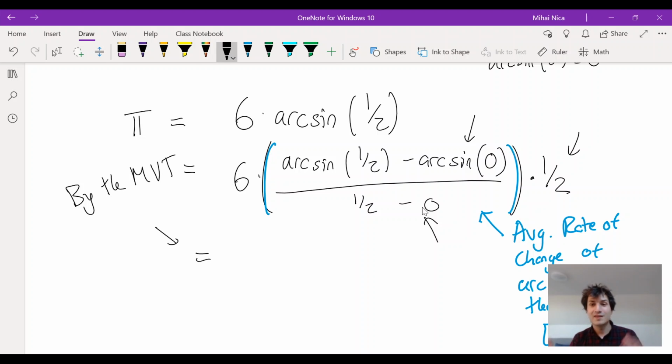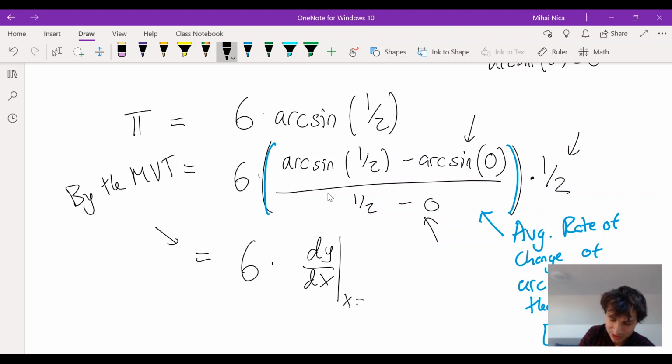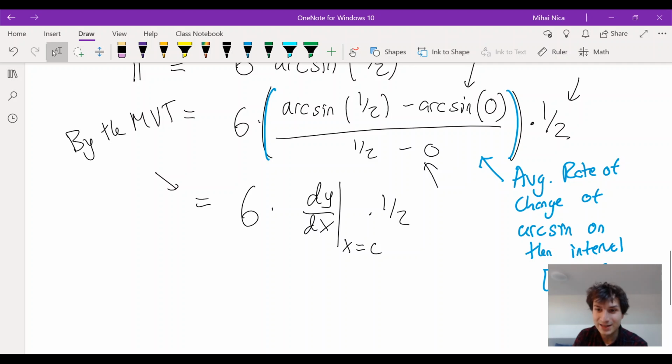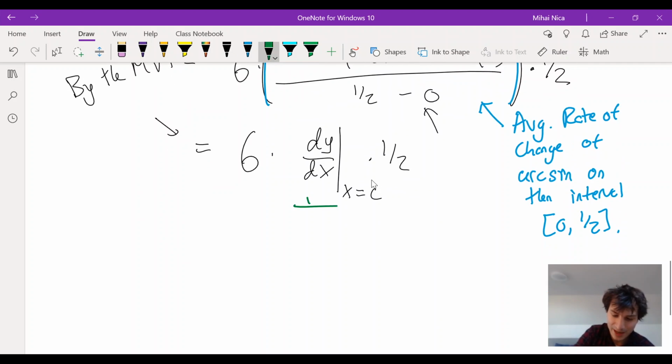So by the mean value theorem, what is it equal to? The mean value theorem says you can replace an average rate of change by an instantaneous rate of change. So this is equal to 6 times dy dx evaluated at x equals c times 1/2. The thing in brackets, the average rate of change, got replaced by the instantaneous rate of change.